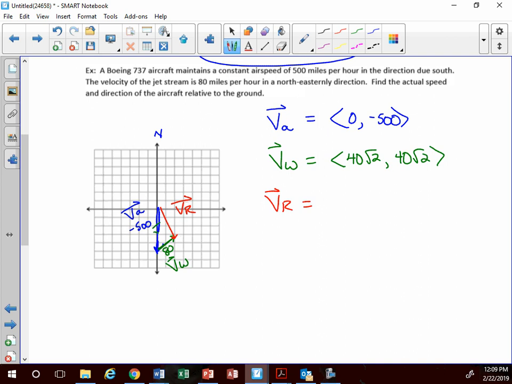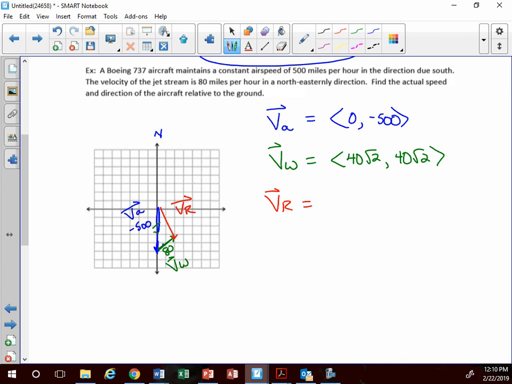It's a little shorter vector because it's slowed down a little bit because of the wind, right? Think if the wind had been pushing in the opposite direction. If it had been going this direction, the plane would be flying faster, right? It'd be pushed off course in the other way, but it would actually speed up. So just think about those things when you're doing these problems.